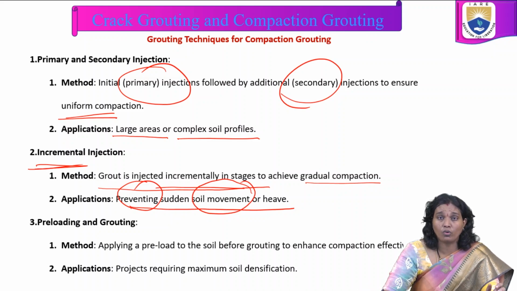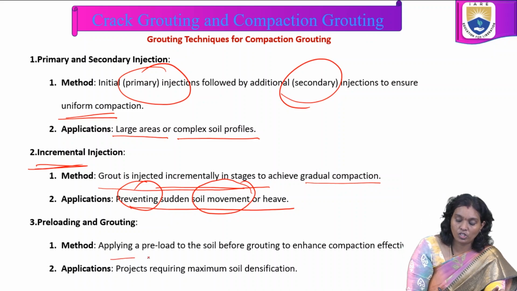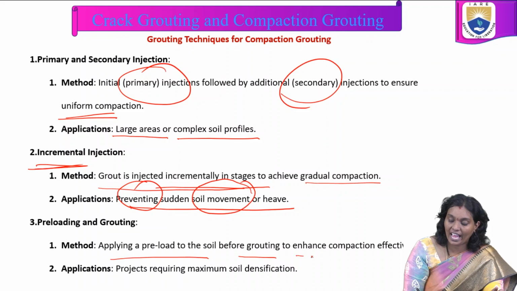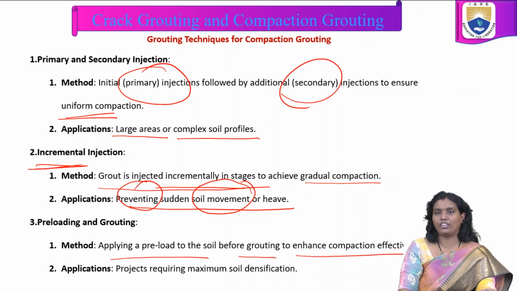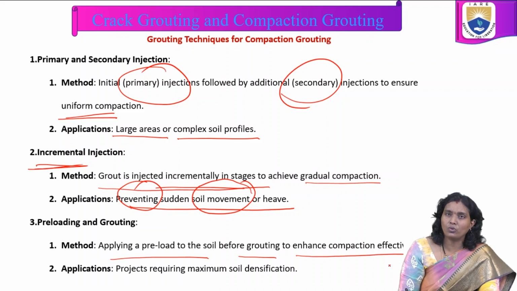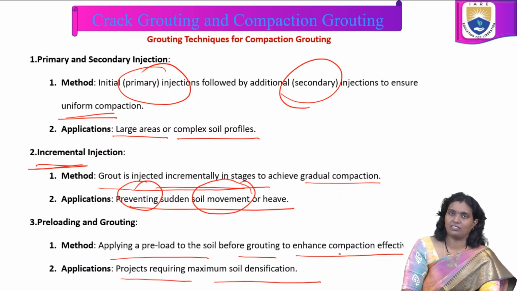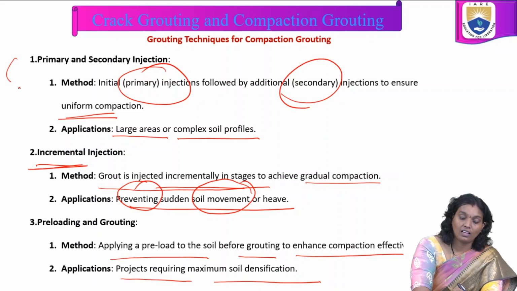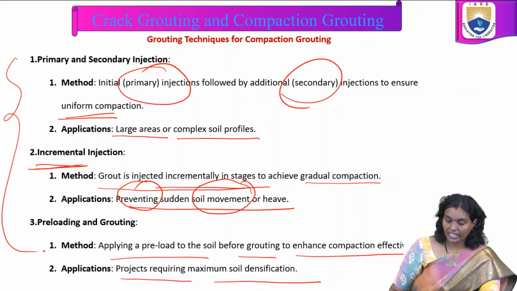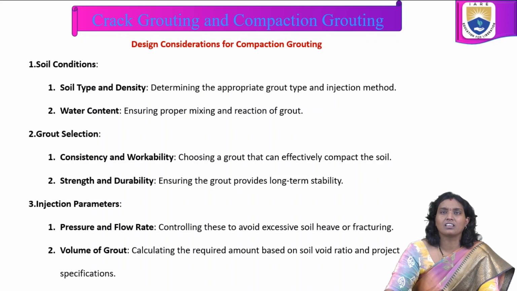Preloading and grouting technique: in this method, a preload is applied to the soil before grouting to enhance compaction effectiveness. It is applied in projects requiring maximum soil densification. So, these are the grouting techniques for compaction grouting.